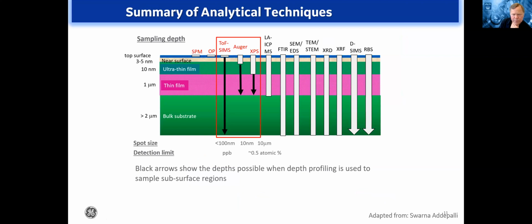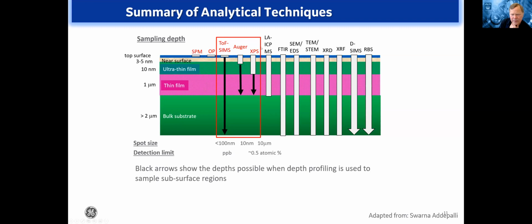So this is a chart that compares many techniques that people think about when they're considering analysis. Again, we're going to focus on the techniques within the red box. In this view graph, we show the sampling depth with the rectangles. If we erode to get subsurface, we could get deeper by ToF-SIMS, Auger, or XPS.